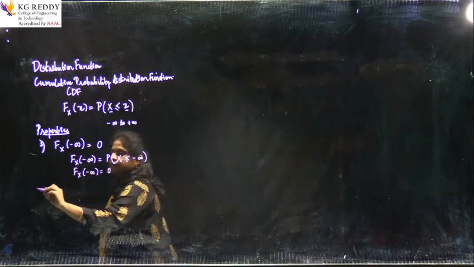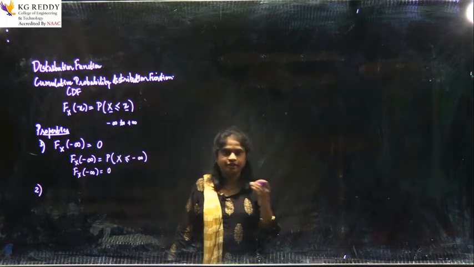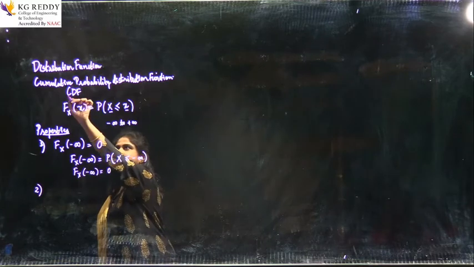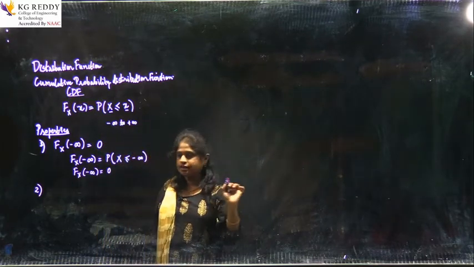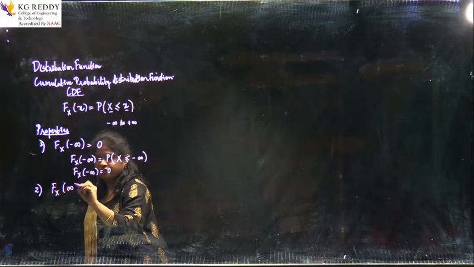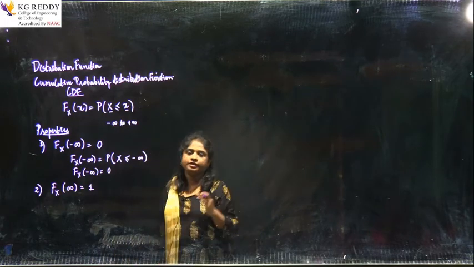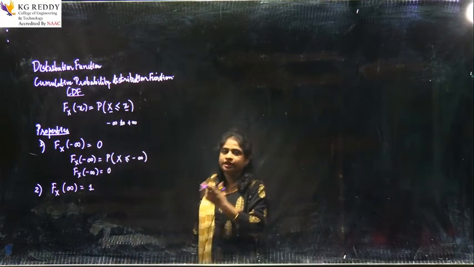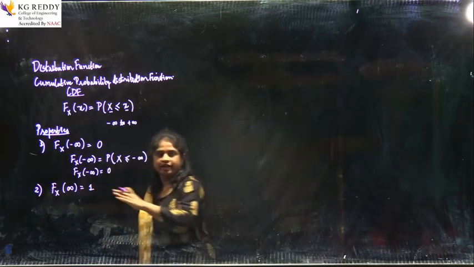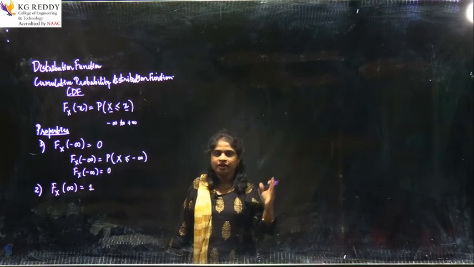Now one more property of the cumulative probability distribution function, or CDF. In short we will be calling it CDF. Fx of plus infinity will be equal to 1. That is the complete cumulative probability. Fx of infinity means all the real numbers, all the numbers on that axis will be coming into the picture. How will we calculate it?